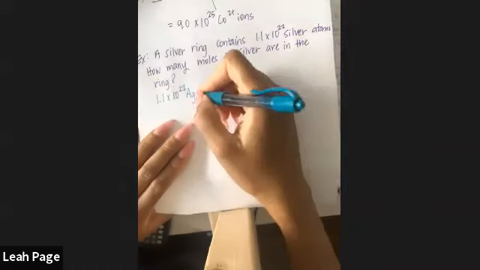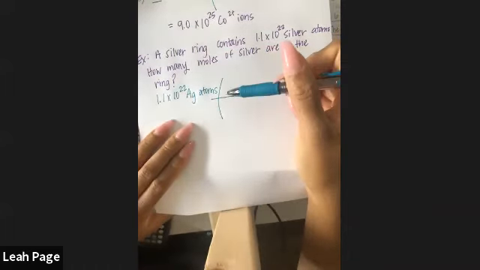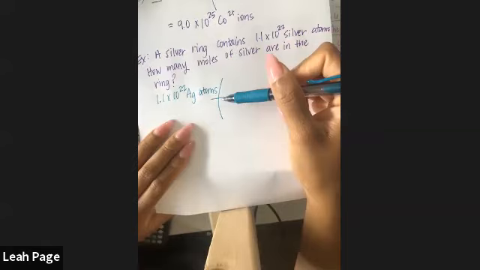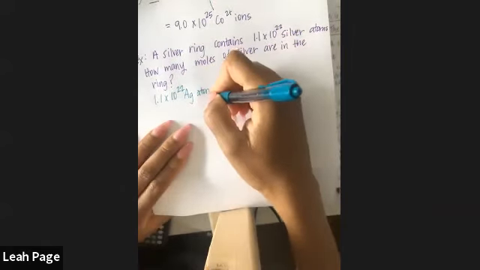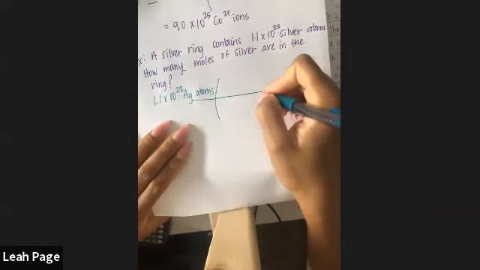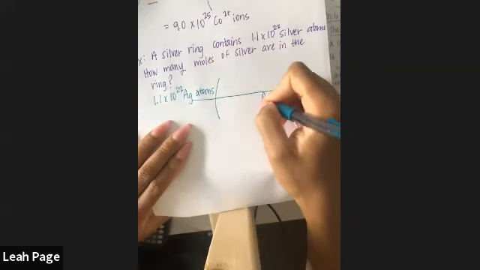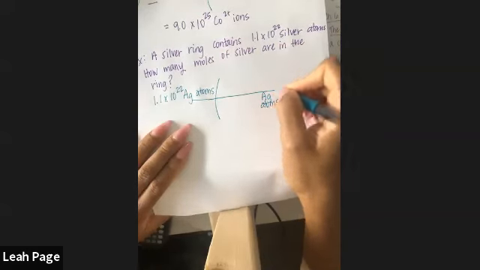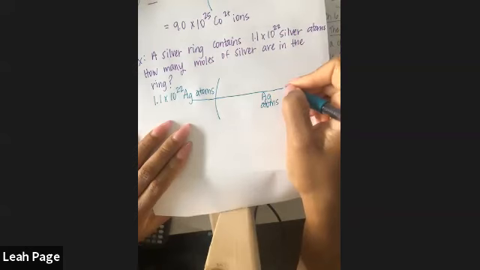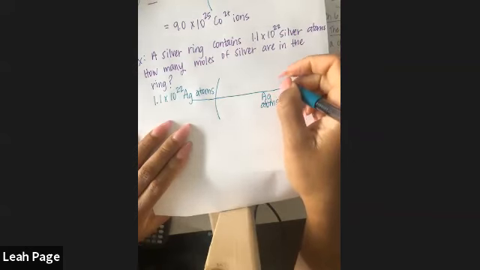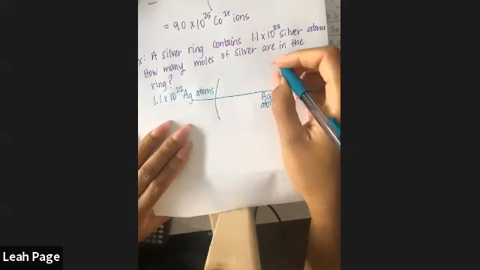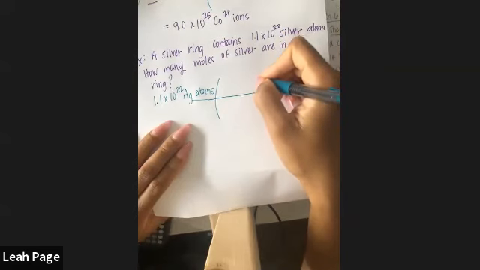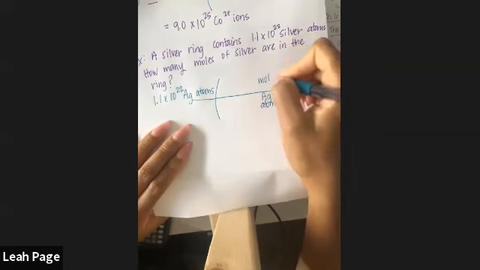It's just like all the conversions we did before. Atoms. If we start off with silver atoms, we need silver atoms at the bottom because that's what we're trying to get rid of. So what unit goes to the top? Silver moles, or moles of silver, either way you want to write it.